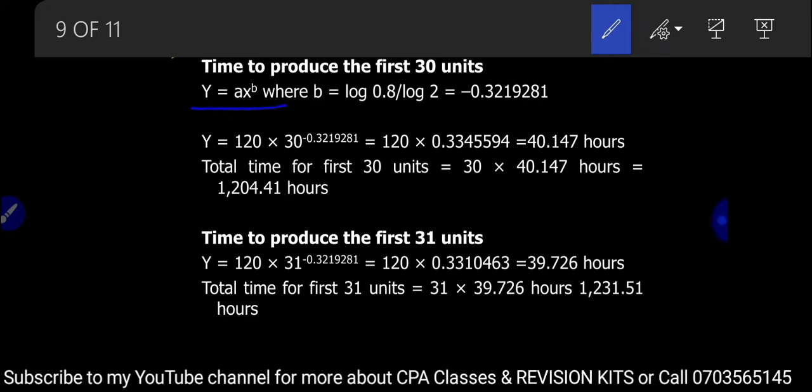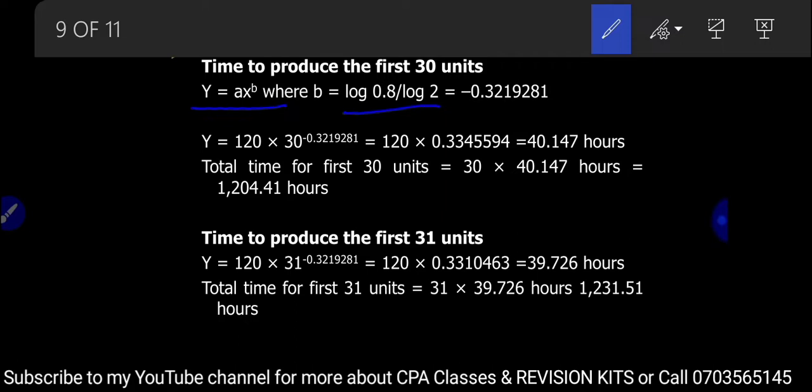Our learning rate in this case was given as 80%, so we have to express that as a decimal, and that will be log 0.8 over log 2. That gives us a value of negative 0.321981. Don't forget that negative has to appear in your subsequent calculation, so don't ignore that negative.